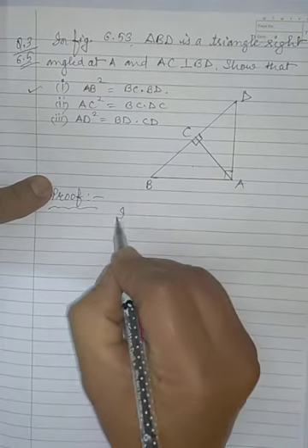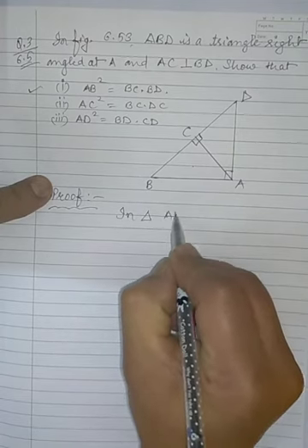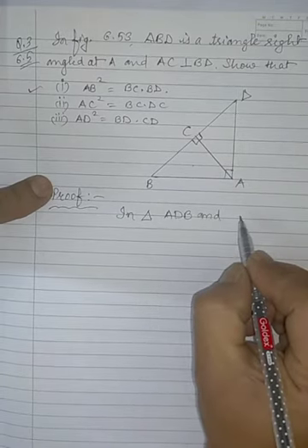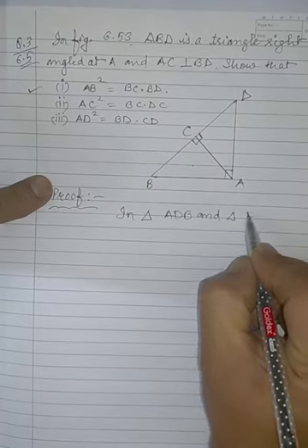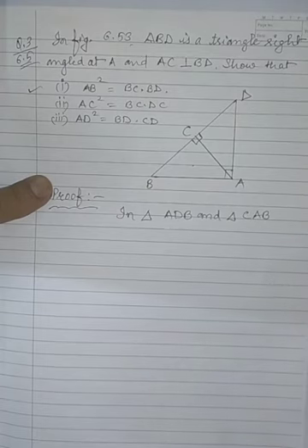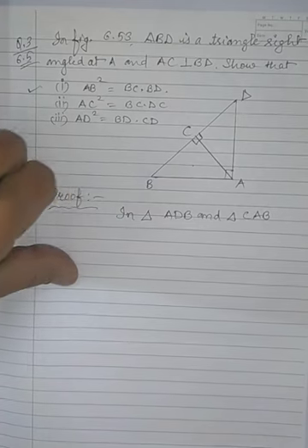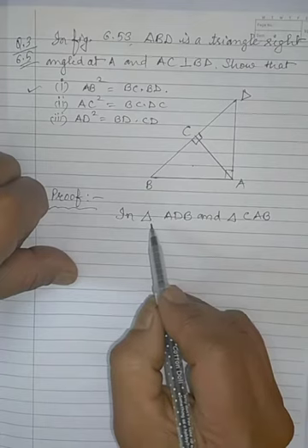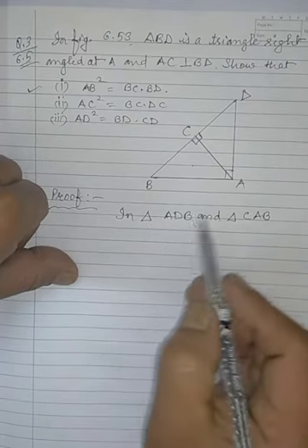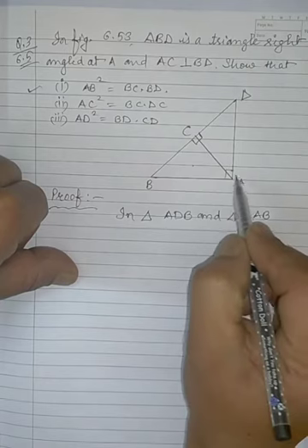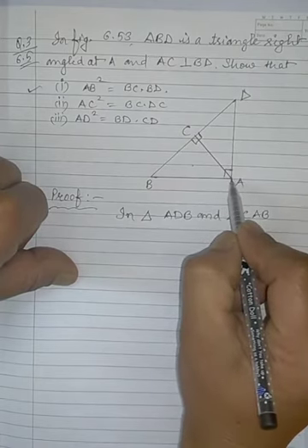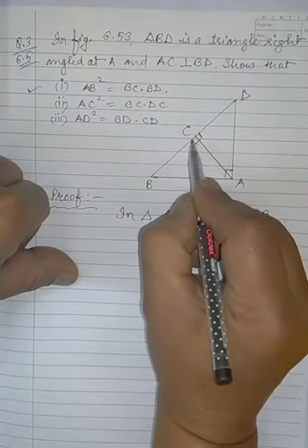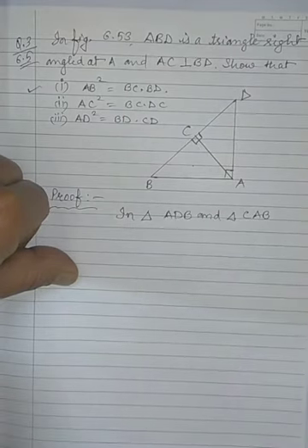Okay. So in triangle ADB and triangle CAB. Now why have we taken it in this way? See, in this triangle ADB, I have started the whole triangle ADB with the right angle A. In the same way, in this part, I have taken the triangle with angle C, which is also a right angle.